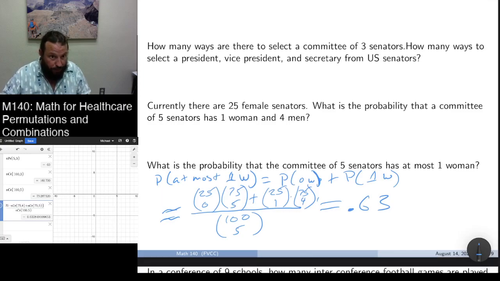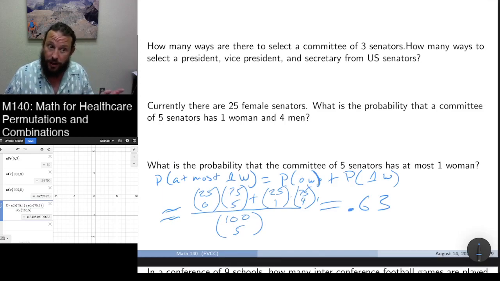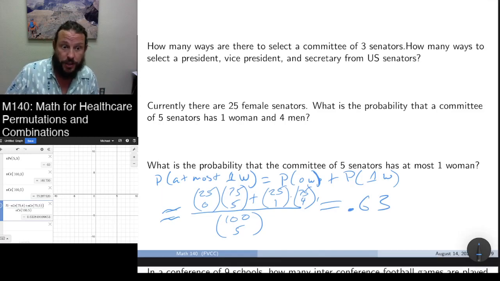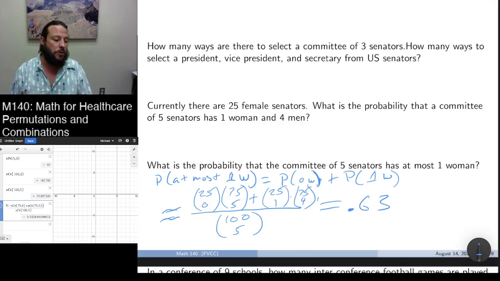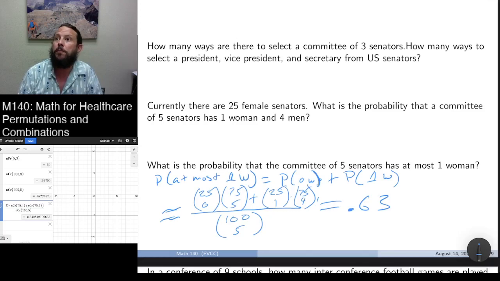And this probability tells us probably not, because it was highly likely under randomness, not looking at gender, there's a 63% chance that you get 0 or 1 woman, or at most 1 woman. Right? And this is in general how we want to use this randomness idea, measuring against what's happening to get an idea how unlikely or likely it would be in randomness. Right?